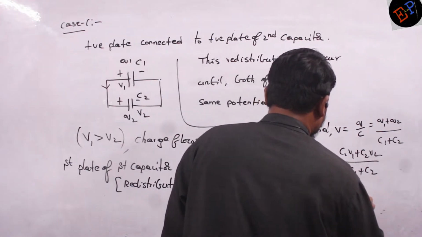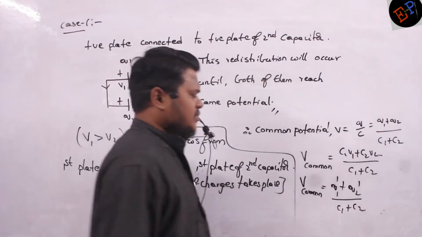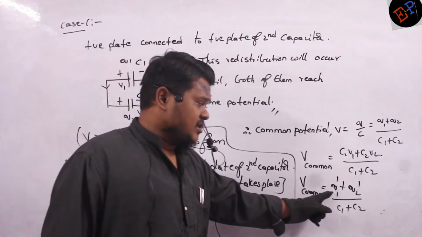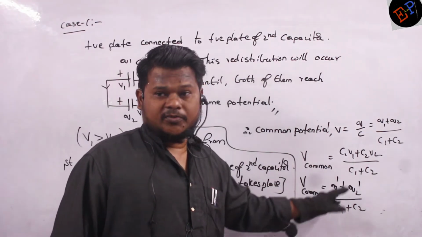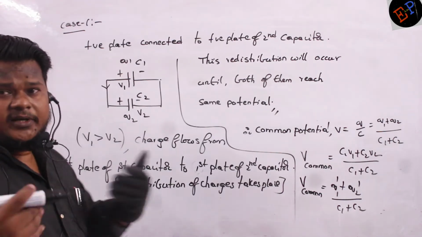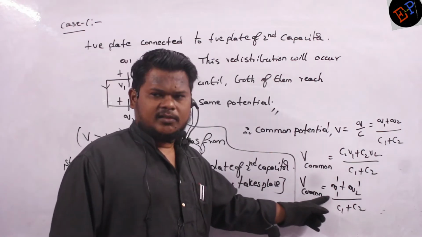Q1 dash plus Q2 dash divided by C1 plus C2. Now what are Q1 dash and Q2 dash? These are the final charges after redistribution. Initial charges are Q1, Q2, no? After redistribution, charges will change, no? Those charges are Q1 dash and Q2 dash.